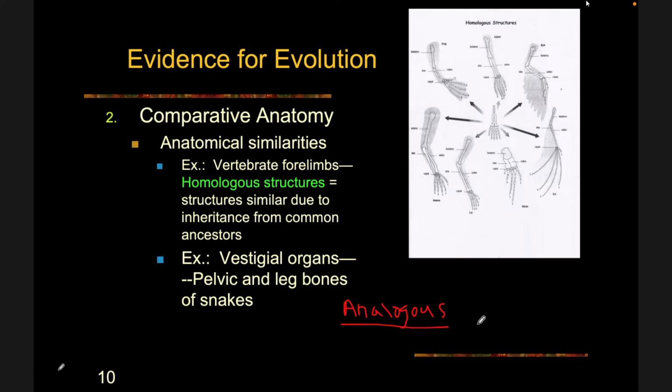If you're looking at them in terms of organs for flight, function, that's analogous, because the wings of bats evolved as a winged structure independently of the forelimbs in birds. However, if you're talking about the bone structure of those limbs, that's homologous, because both bats and birds have that humerus, 2 bones in the next joint, and 5 fingers.